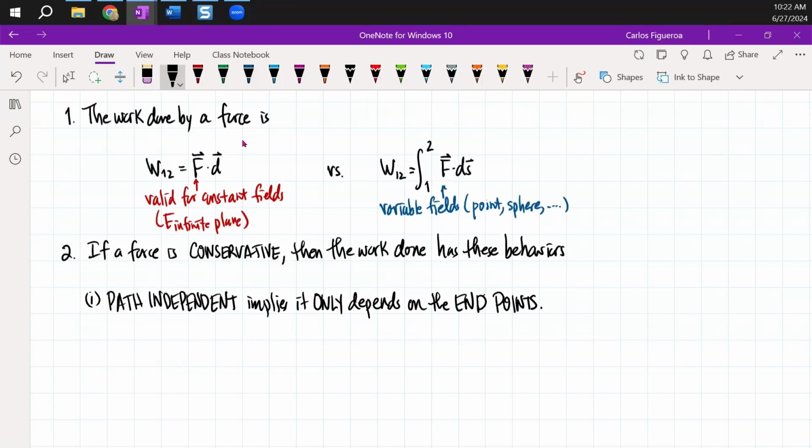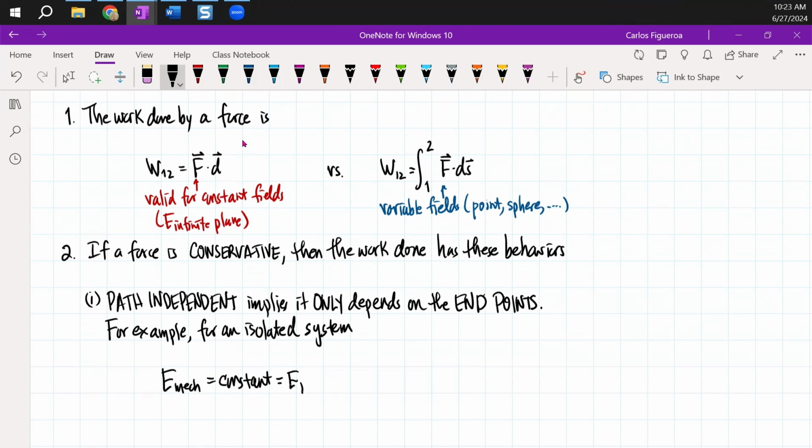That's a big shift. For example, if you look at mechanical energy, for an isolated system, we know that we can define this thing called mechanical energy. And for an isolated system, this is a constant, which tells us that the energies could be any number of energy states.